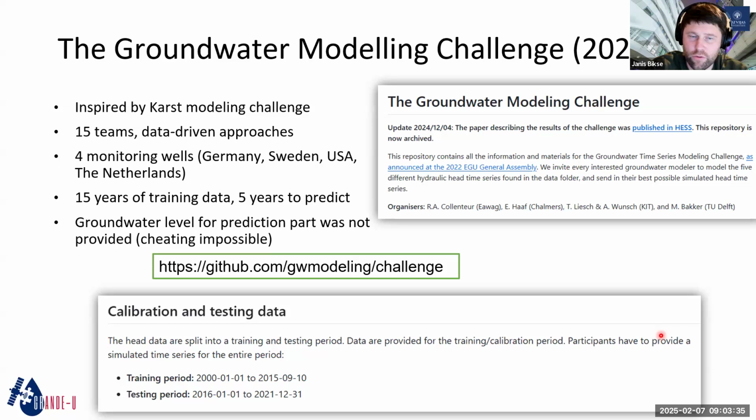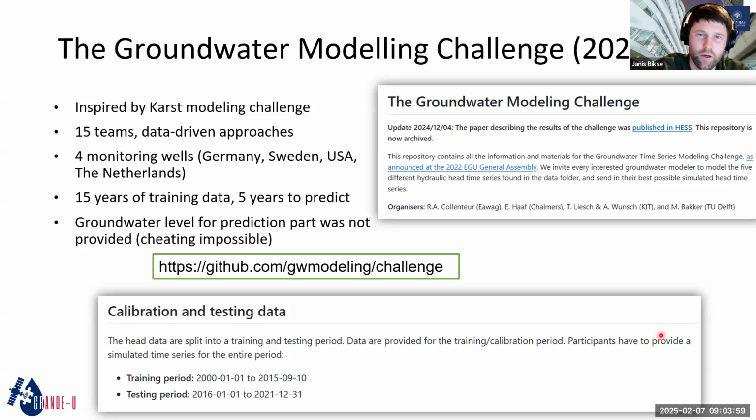The groundwater level was available only for the training part, but not for the prediction part. So basically, we could not see what the right answer is. It wasn't possible to cheat. So in that sense, this was a fair game for everyone. Of course, you could try to find the raw data somewhere, but that would not be a good idea.